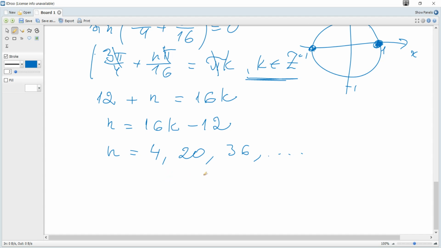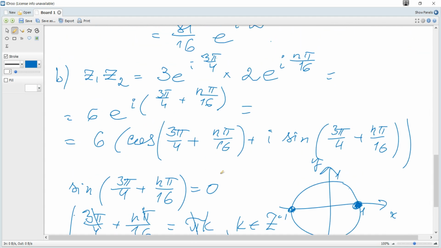But the question is for this complex number to be not just real, but real and positive. And n must be the least. So we start from the smallest value of n and just check this complex number.